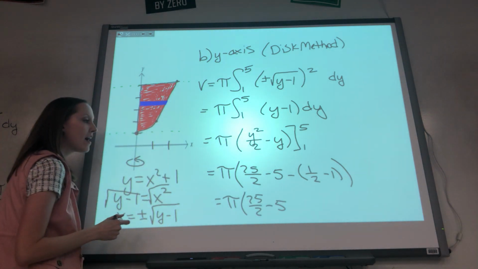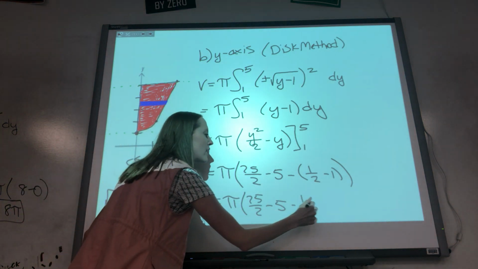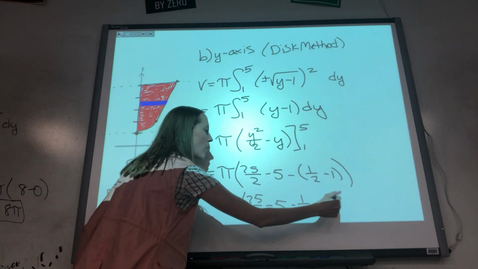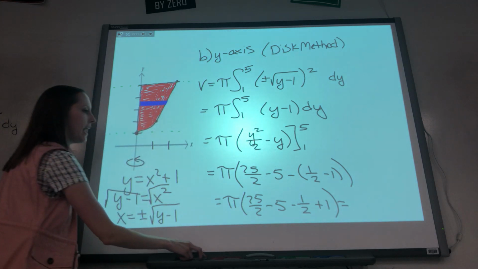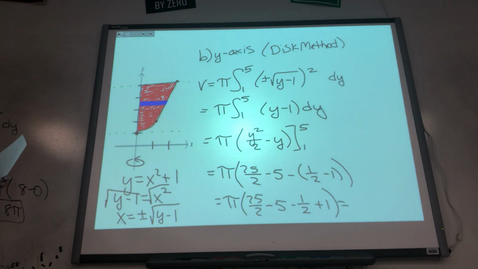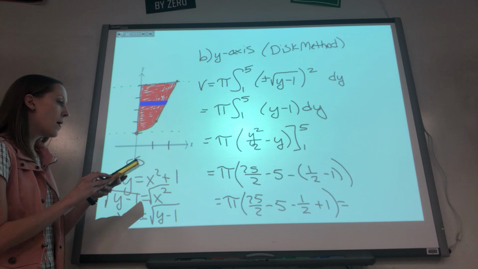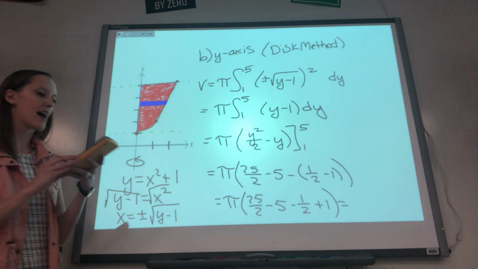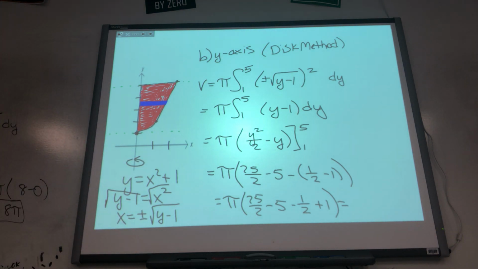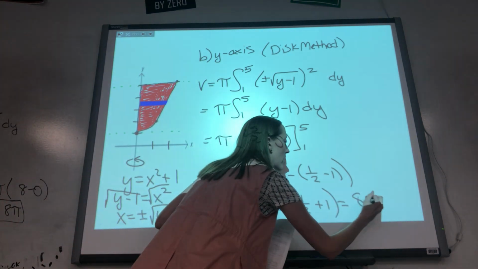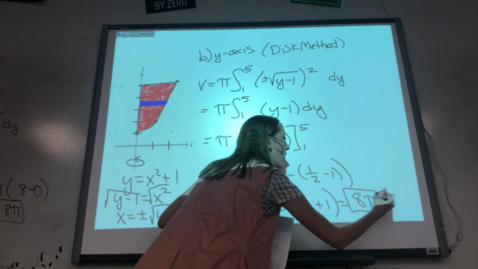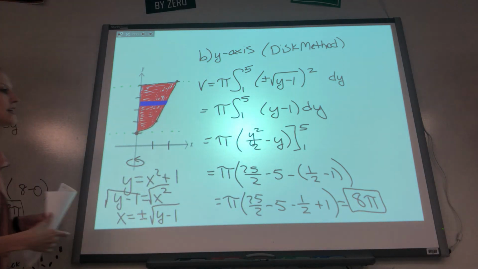It'll be 25 halves minus 5 minus 1/2 and then plus 1. That's what I need to evaluate, and then I'll just put pi with it. So 25 halves minus 5 minus 1/2 plus 1. That works out pretty nice. It's just 8. So keep pi with it, and our volume ends up being 8 pi.